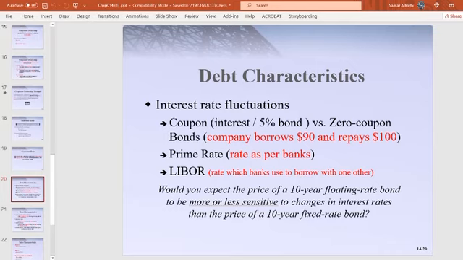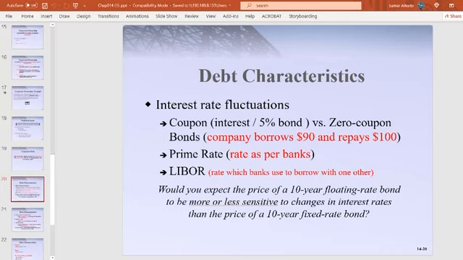So bonds are of two types. One is called coupon bonds, which pay interest to investors. Some of them don't pay; we call those zero coupon. Sometimes when the company issues a bond, they receive, let's say, $90. But when they repay it at the end of the contract, you return it as 100.